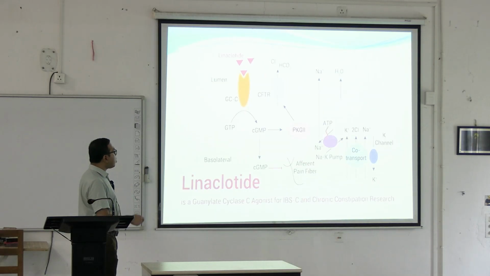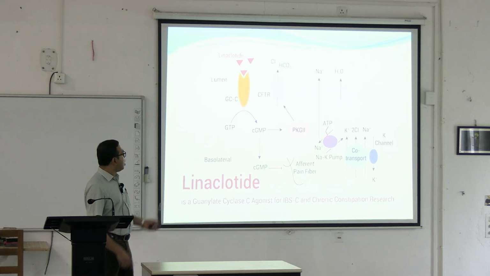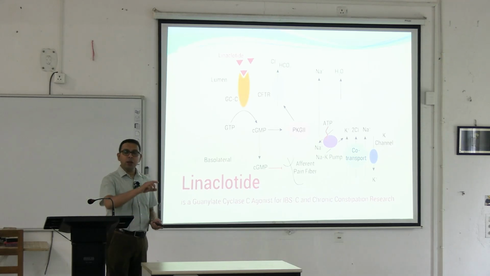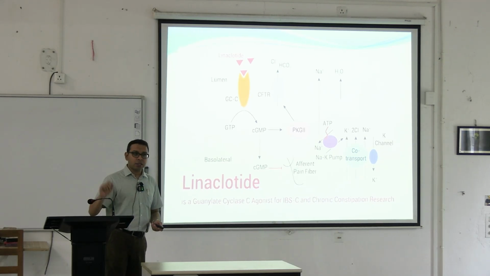So this is how linaclotide acts. Basically this is a guanylate cyclase C agonist. When linaclotide is given, it attaches to guanylate cyclase, an enzyme present within the intestinal wall.